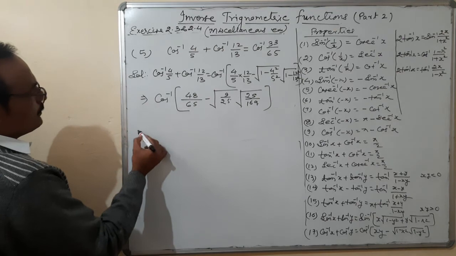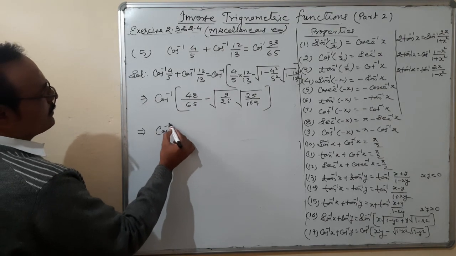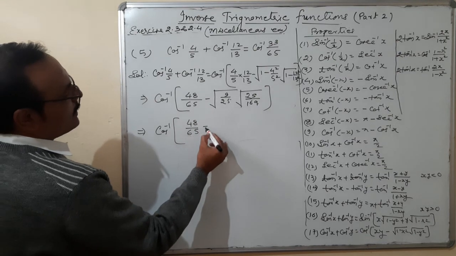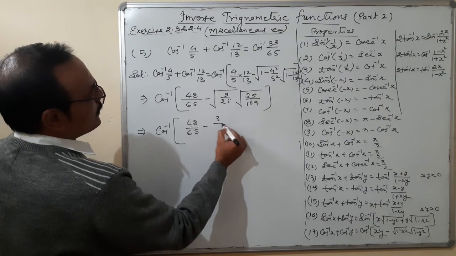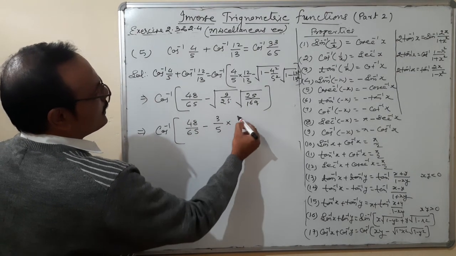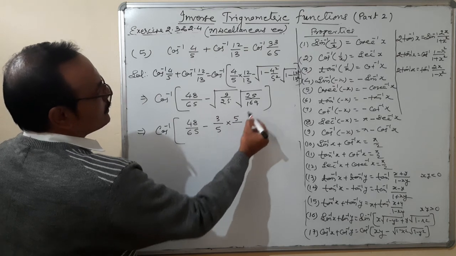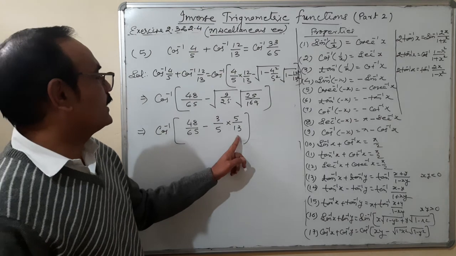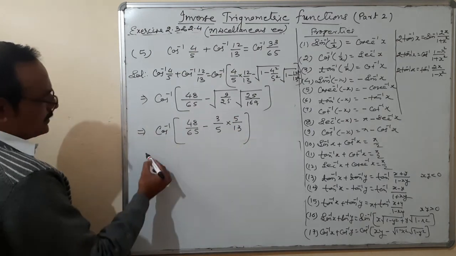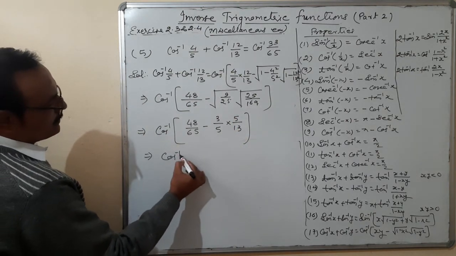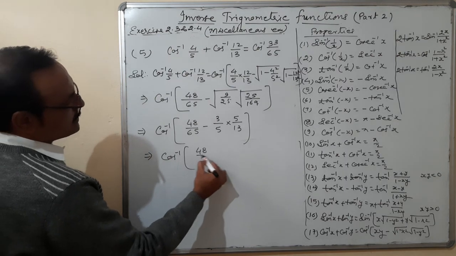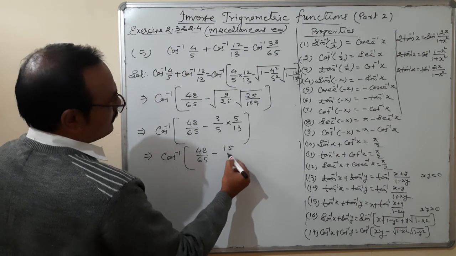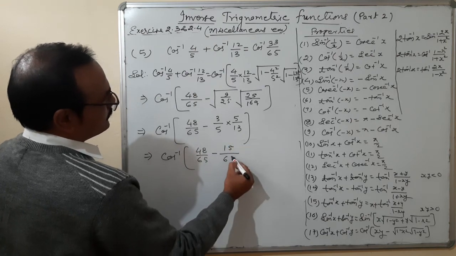That means cos inverse 48 upon 65 minus 3 upon 5 multiplied by 5 upon 13. When you open the root, 169 will be written as 13, and these are the terms. So that is cos inverse 48 upon 65 minus 15 upon 65.